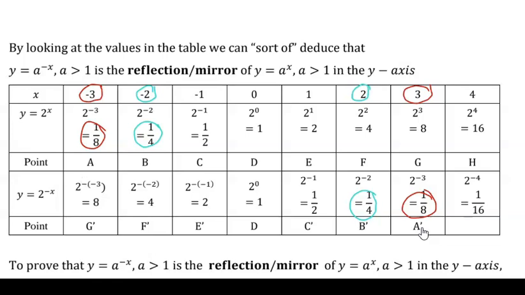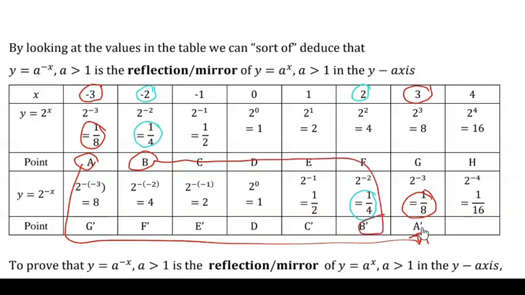So this A corresponds to that, this B corresponds to the B prime, the C corresponds to the C prime here, etc. And that will result in the graph y equal to a to the minus x being a reflection in the y-axis, or the mirror image, of y equal to a to the x in the y-axis.